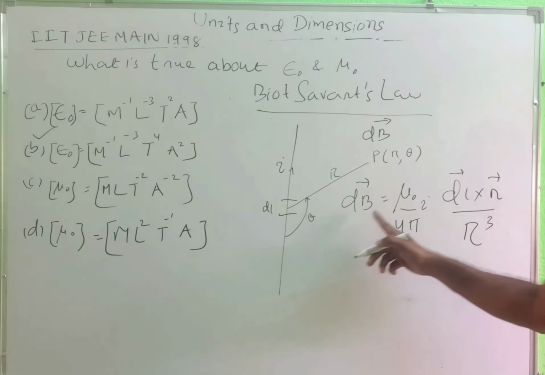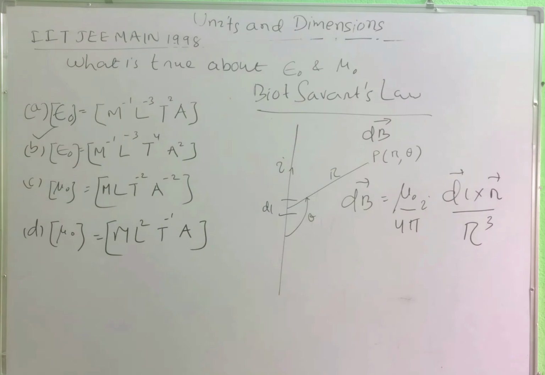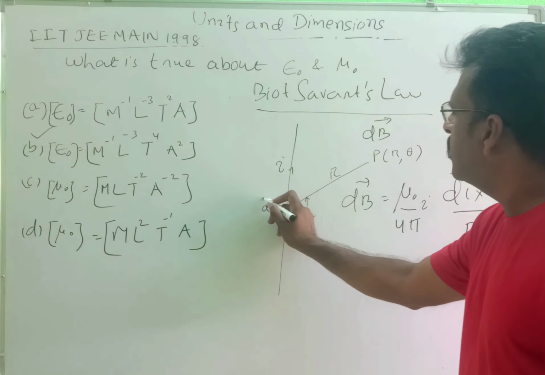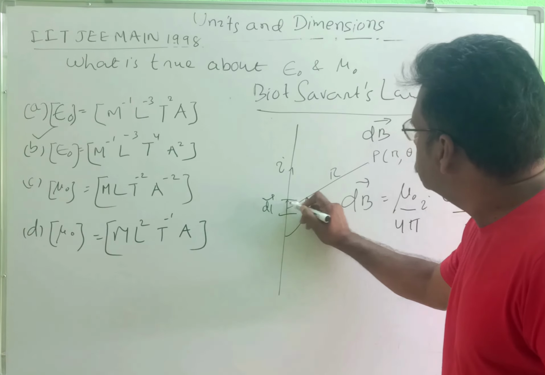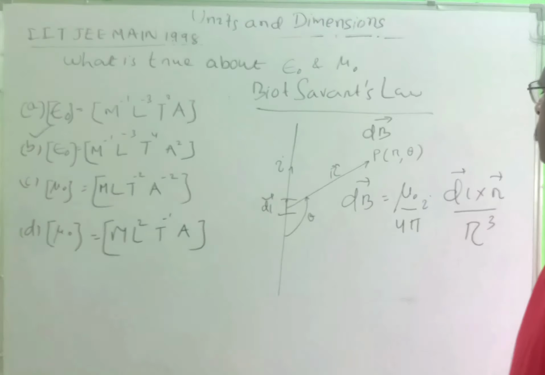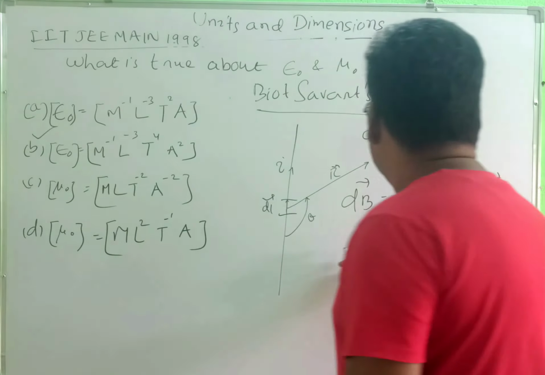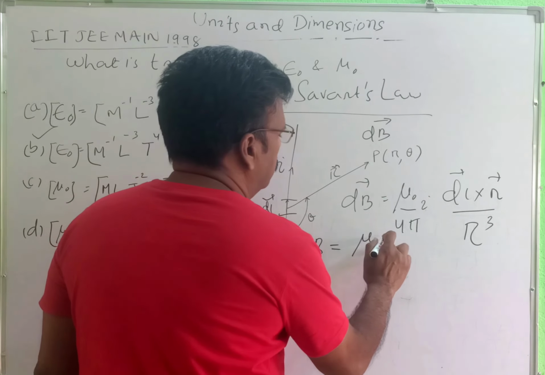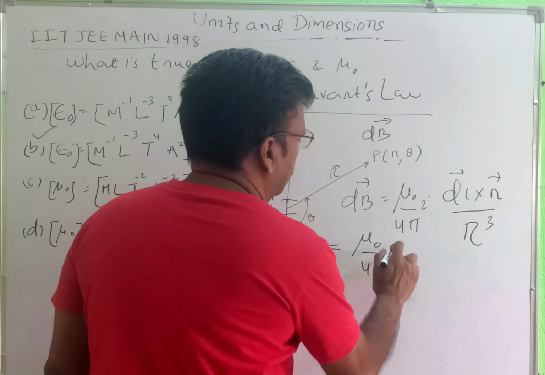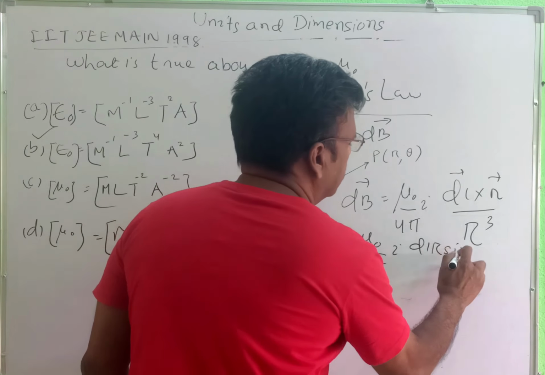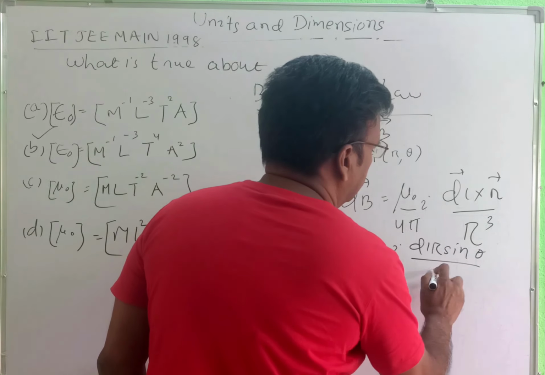This is a vector, this is a cross product of two vectors dl and r student. Okay, this is dl and this is r. So the magnitude of dB will be equal to mu 0 by 4 pi I dl r sin theta by r cube.